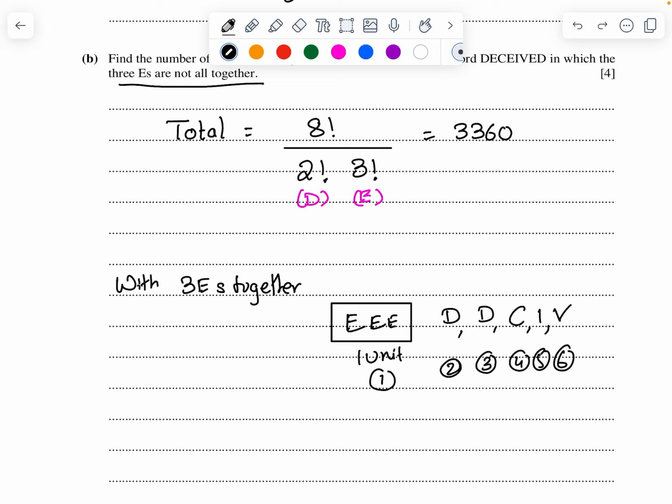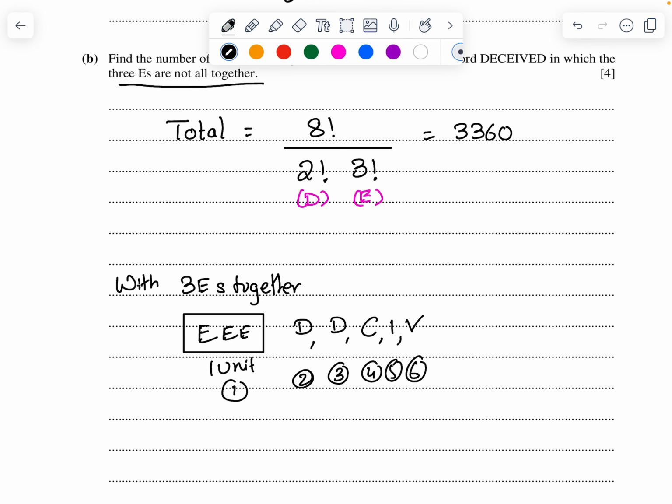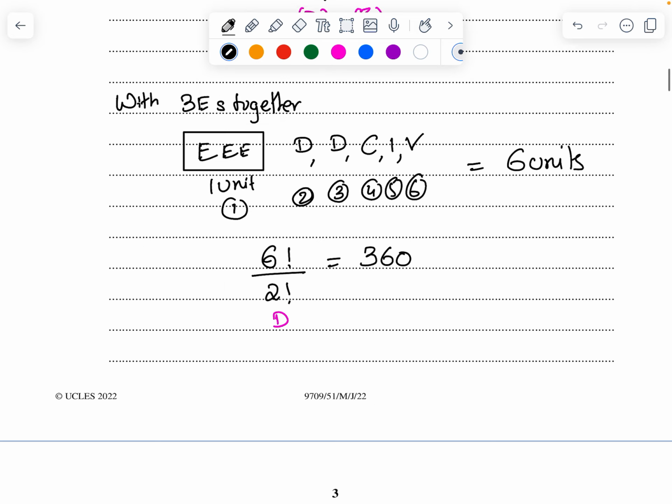These 6 units can be arranged among themselves in how many ways? 6 factorial divided by 2 factorial, where the 2 factorial is for the D's. This is almost 360.